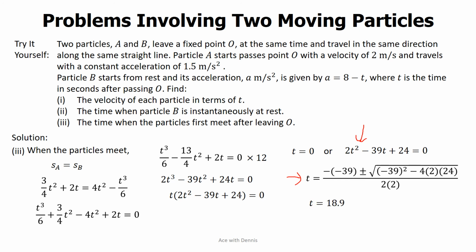And I press the calculator, I get t equals 18.9 or t equals 0.636, which means both particles meet each other at 2 times. The first time is t equals 0.636 and the second time is 18.9 seconds. Of course, when t equals 0, this is the starting point. Both of the particles leave the fixed point O at the same time at the beginning.